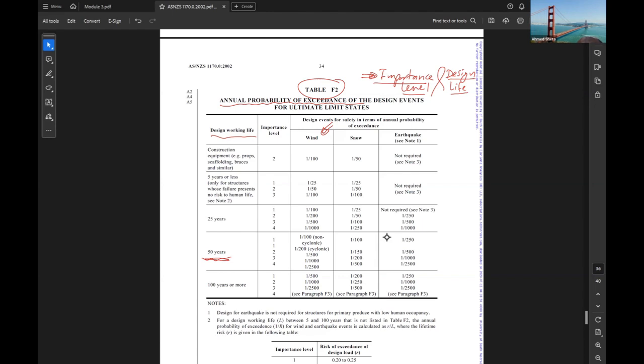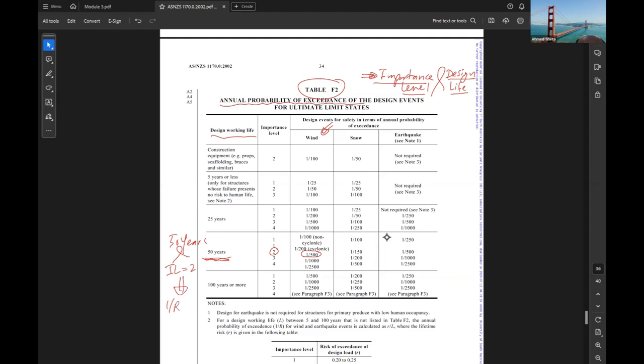For example, if we have a design life of 50 years and a building of importance level 2, how much is the annual probability of exceedance? 1 to 500.